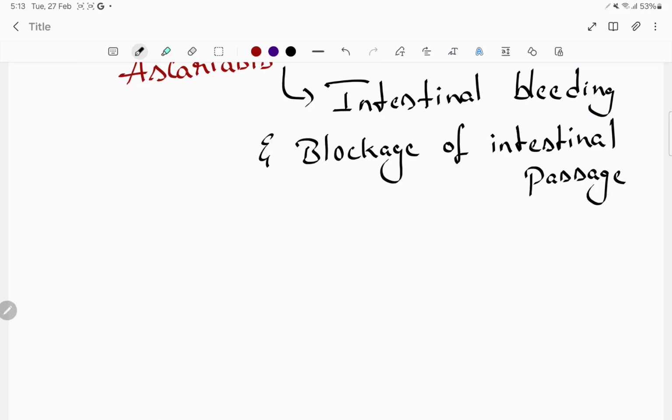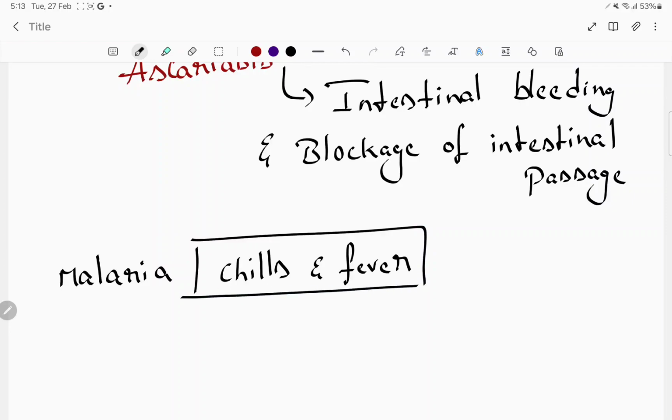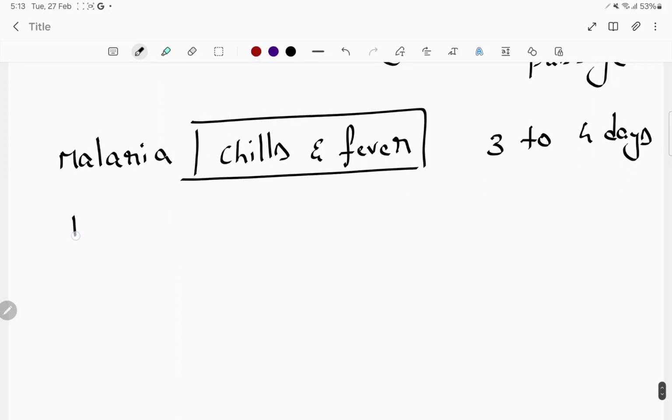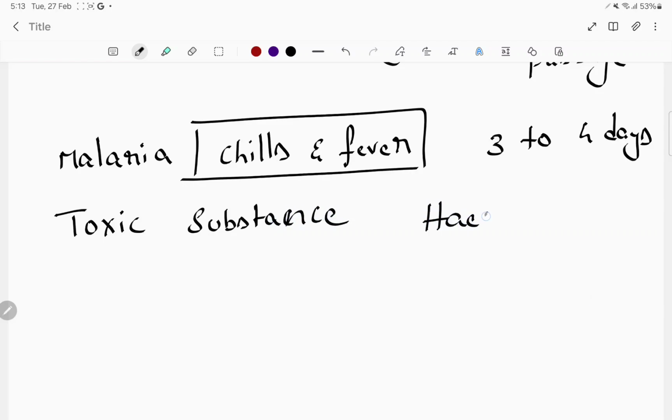In case of malaria, chills and fever will occur every 3 to 4 days. The toxic substance is hemozoin.